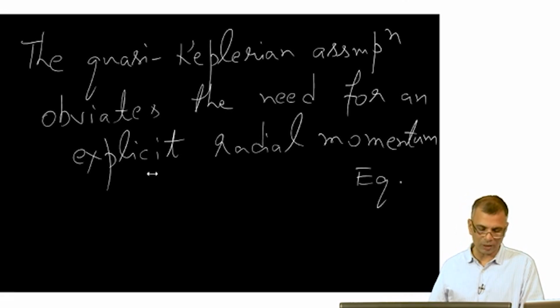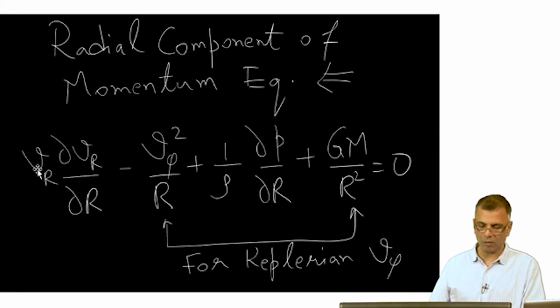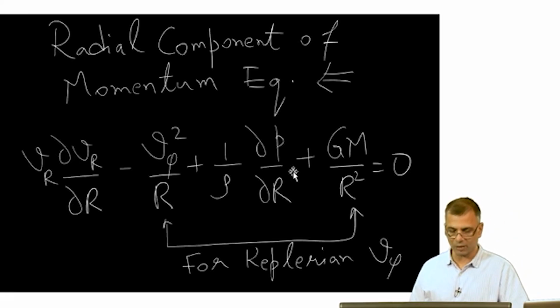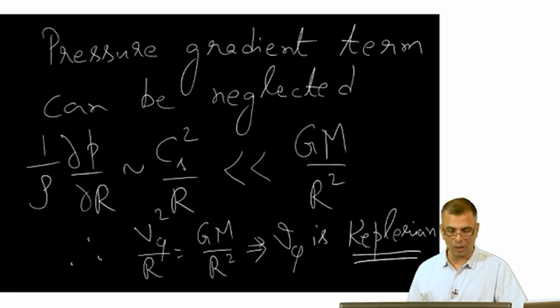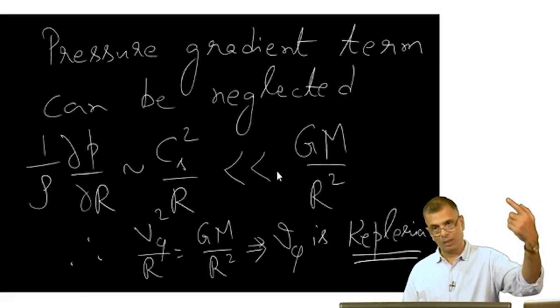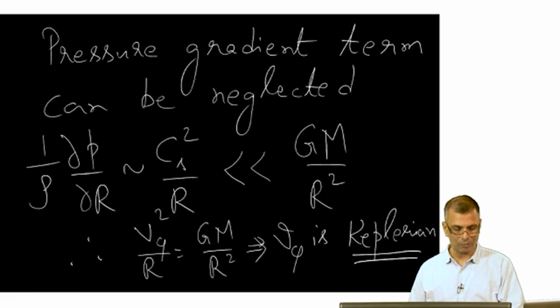If you assume quasi-Keplerianity, then you immediately say that this and that balance each other, but of course you have to realize that the VR is very small, and you have to justify the neglect of the 1 over rho dp dr, and the neglect of the 1 over rho dp dr comes from the fact that the Cs is much larger than V phi, and that came from the vertical momentum equation.